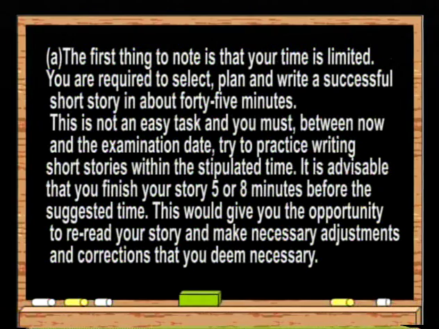It is advisable that you finish your story 5 or 8 minutes before the suggested time. This would give you the opportunity to reread your story and make necessary adjustments and corrections that you deem necessary.